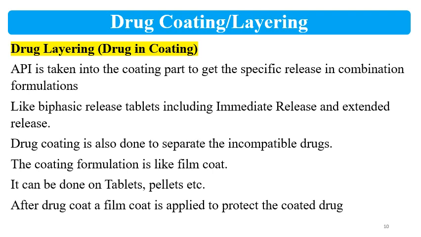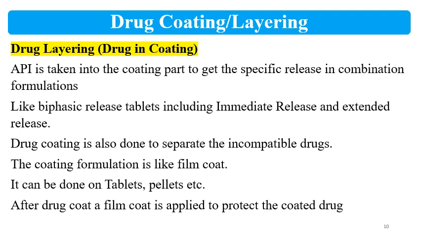So that is called drug coating or drug layering. API is taken into the coating part to get the specific release in combination formulations, like biphasic release tablets including immediate release and extended release. So the immediate release part will be in the coating part and the core will be extended release.